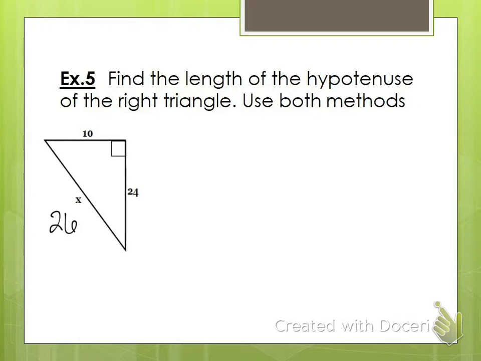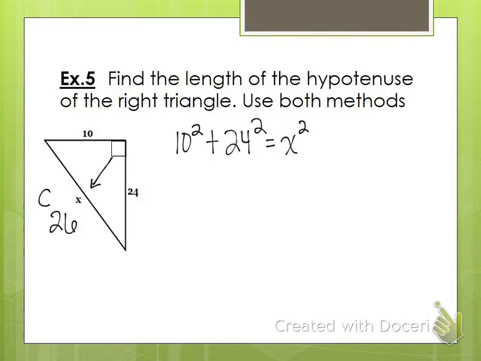Okay, so you could default back to the Pythagorean theorem. And in this case, are we looking for A, B, or C? C. The one across from the right angle is always C. So, A and B, you get to pick which one you plug in where.